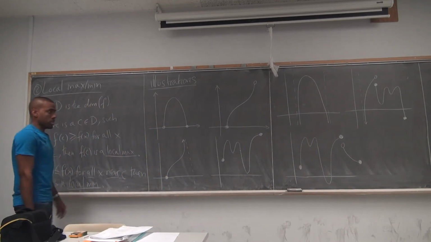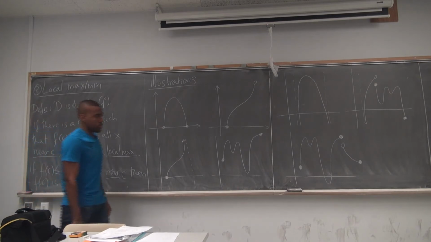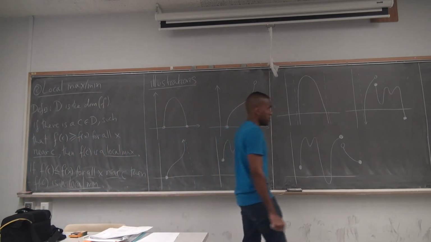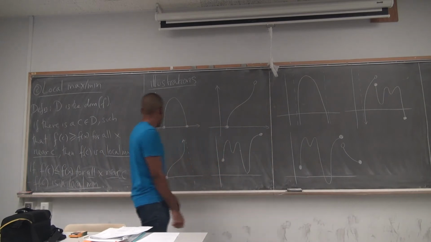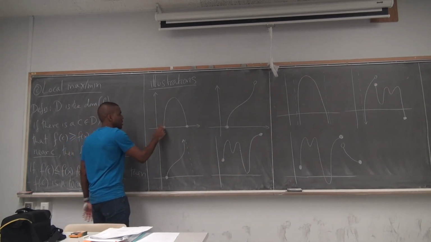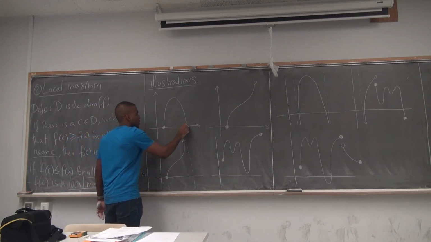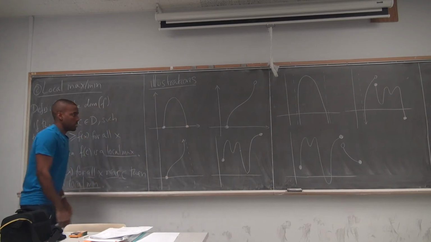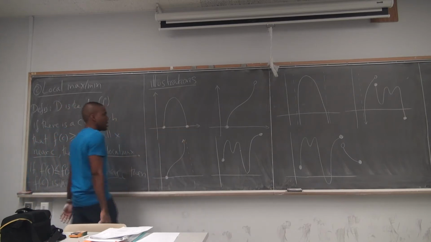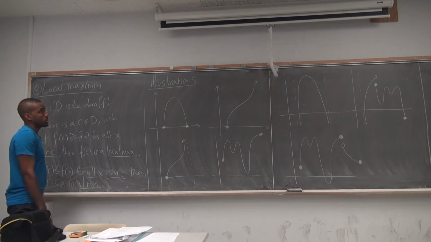So what we're going to do is on these pictures, we're going to identify the absolute maximums and minimums and the local maximums and minimums. So you kind of see the ideas. These are shaded. Okay. On this picture, where do you think the absolute maximums and minimums are?